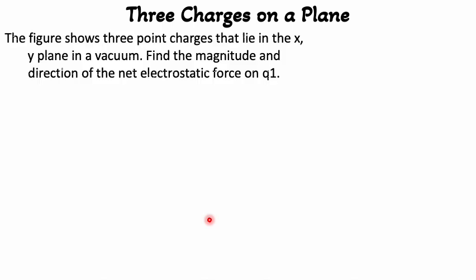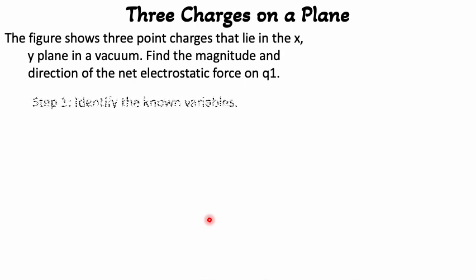Ayan. Now, let's try another example. Now, this time, it is not really complicated, but a much longer problem. So, here we are going to deal with the 3 charges on a plane.